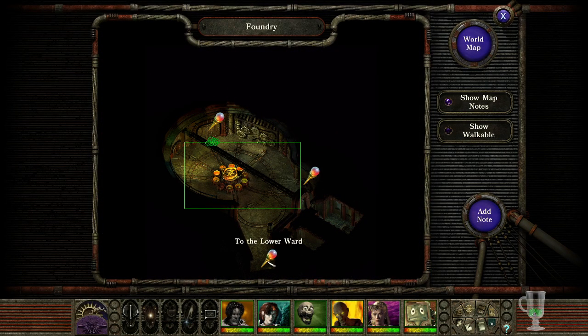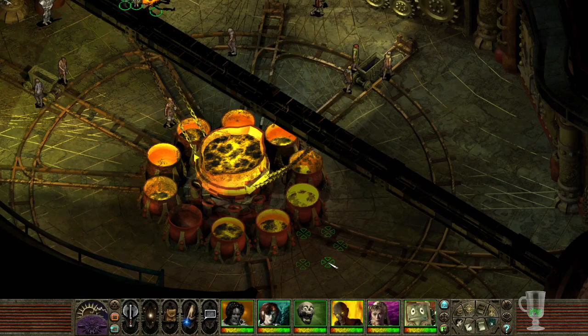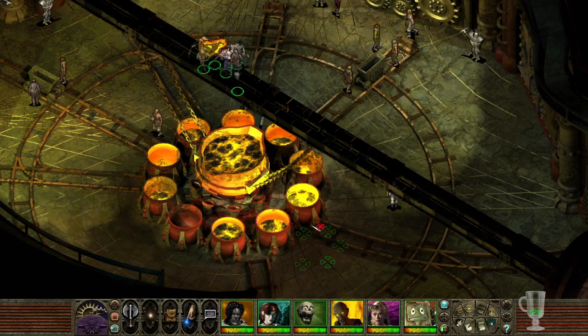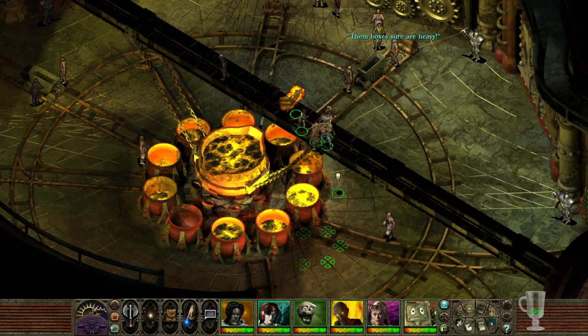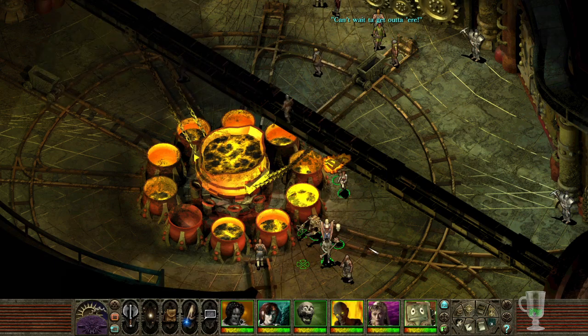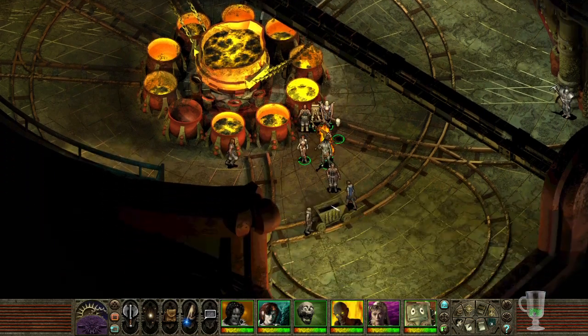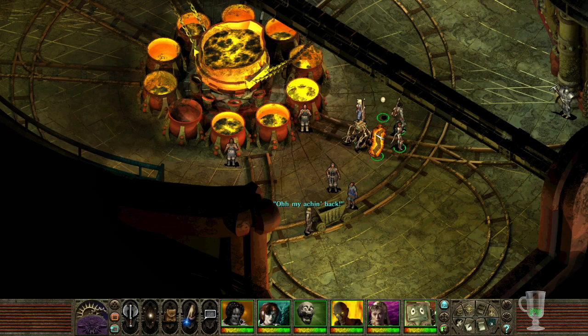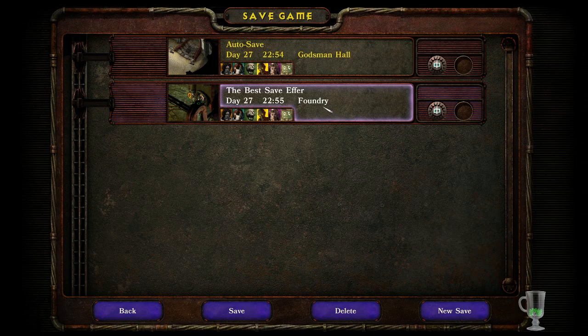Okay, Godsman Hall, Lower Ward, Godsman Armory. How do I use the forge then? I got me iron. Shit. I guess we'll just have to figure out what to do next time.